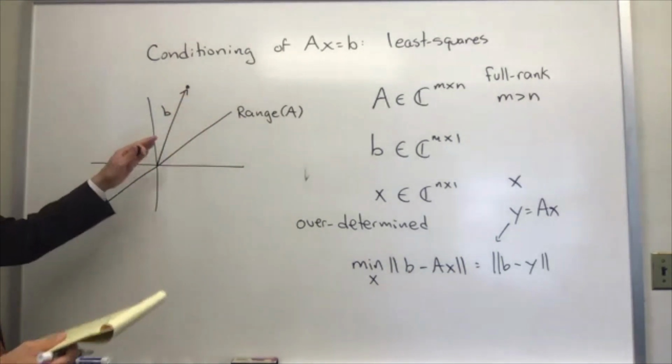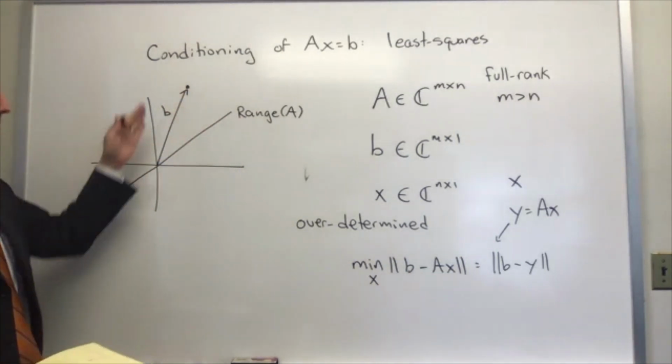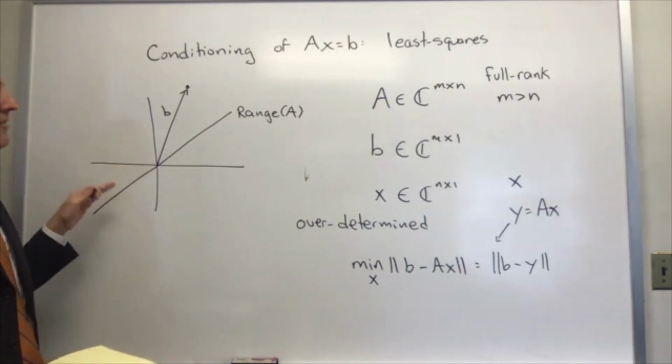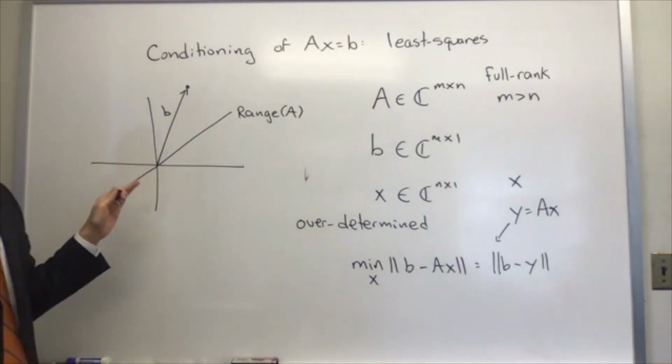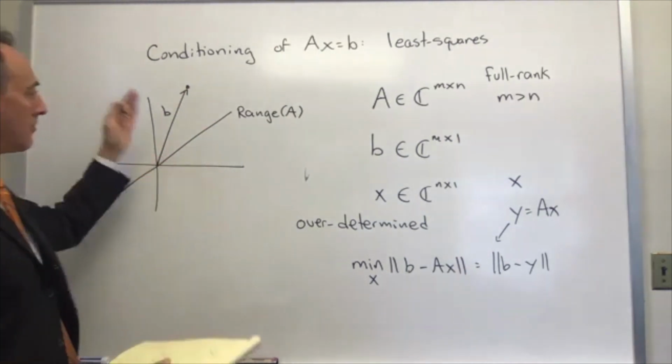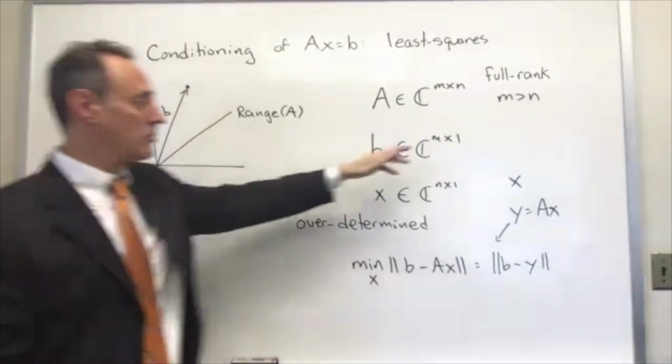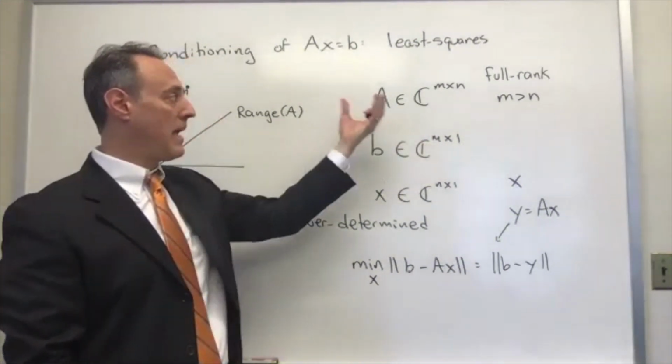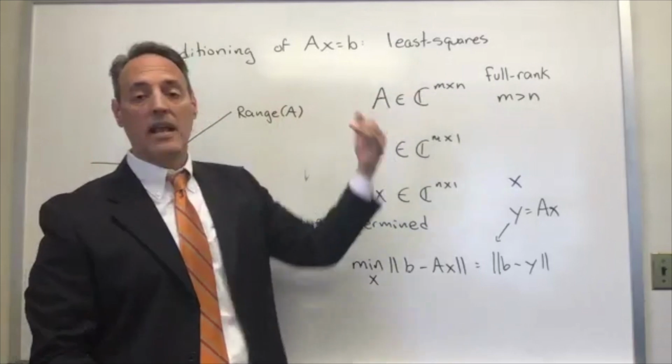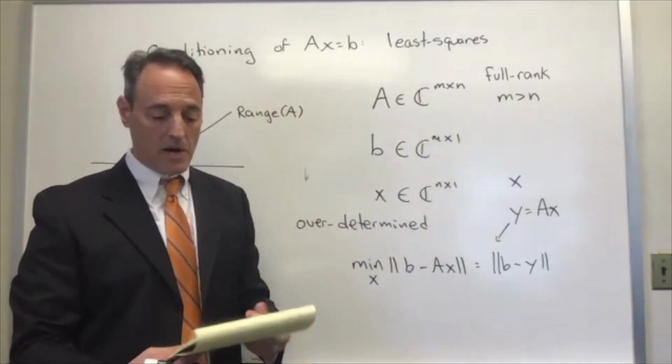So I have a point B here, and the range of A is here. And this is generic because it's overdetermined: B sits in an m-dimensional space, and the range of A sits in an n-dimensional space, which is smaller.